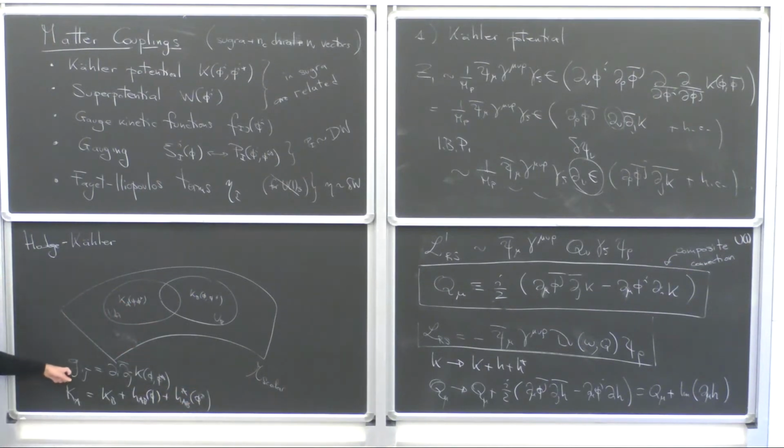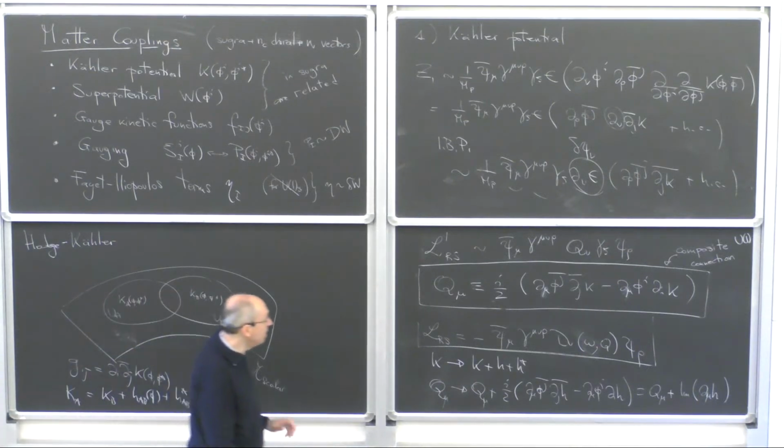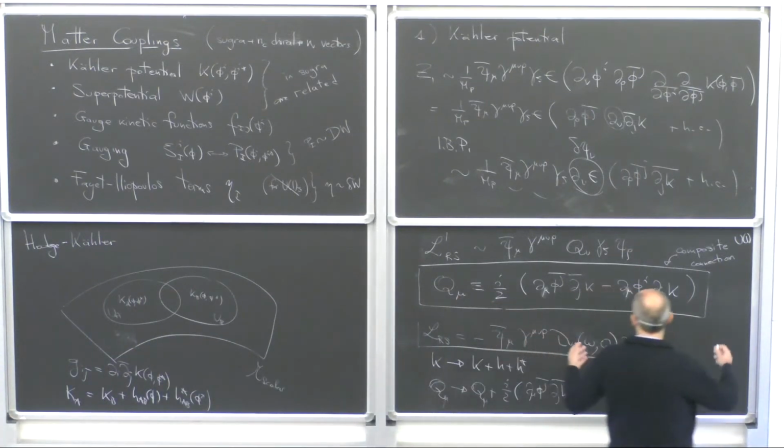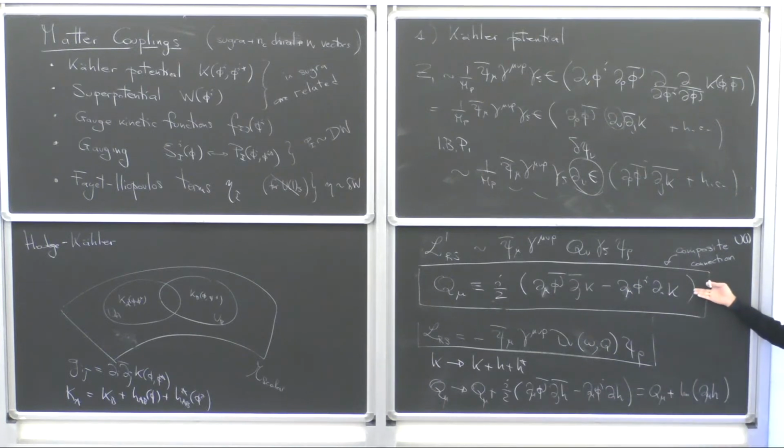But since the metric depends on the second mixed derivatives, nothing in the Lagrangian will depend on the Kähler transformations. Now, in supergravity, I have an explicit coupling here where I have the first derivative of the Kähler potential. So now I risk having an explicit dependence on the Kähler potential. So how is this cured?